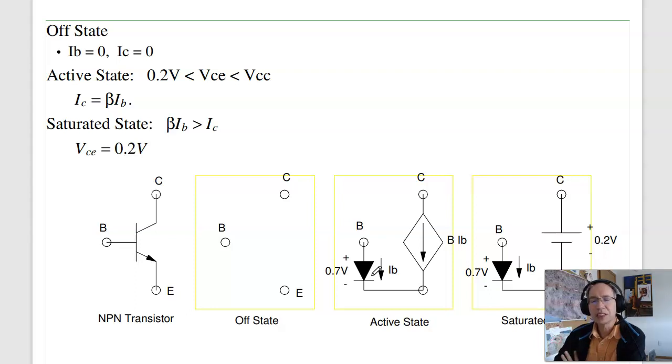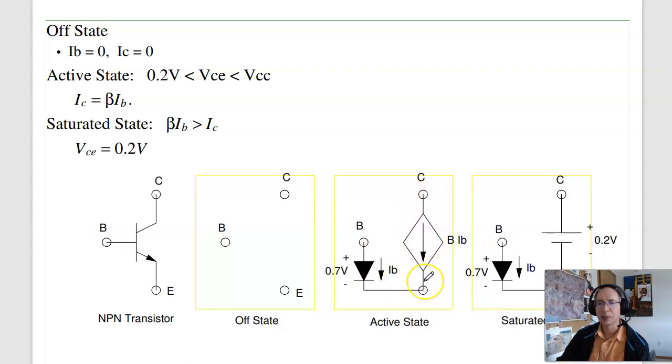Well, the states of the transistor, again, I mentioned there's off, active, and saturated. The off state is pretty easy to model. The base current is 0, so the collector current is 0. The transistor is just an open circuit. In the active state, I've got a diode, base to emitter. That's modeled with a diode, of course, about a 0.7 volt drop. The current through the base is amplified collector to emitter.